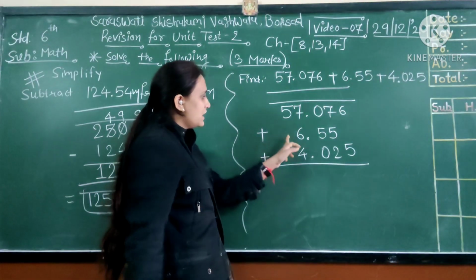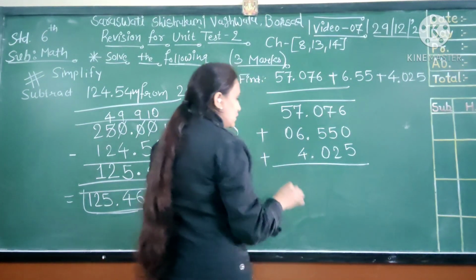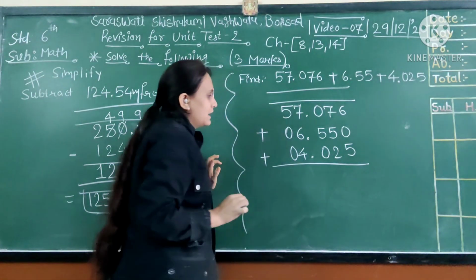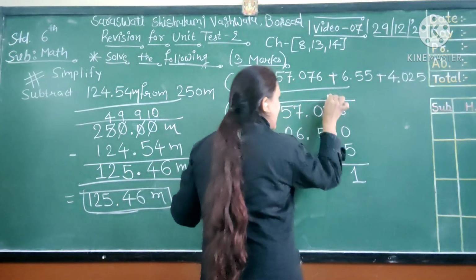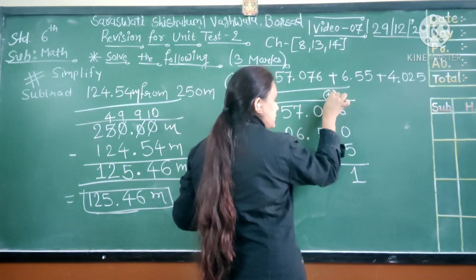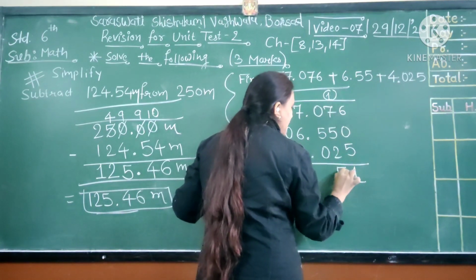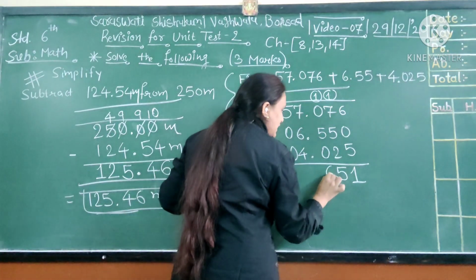Okay, so here we haven't been given any number, so we can take 0. Okay, here also 0. Now let us start the addition. So 6 plus 5, 11, carry over 1. 7 plus 5, 12. 12 plus 1, 13 plus 2, 15, carry over 1. Then 5 plus 1, 6.